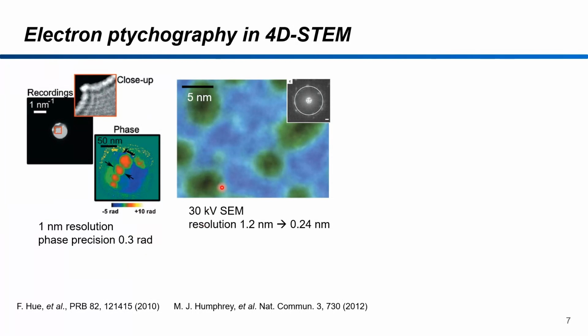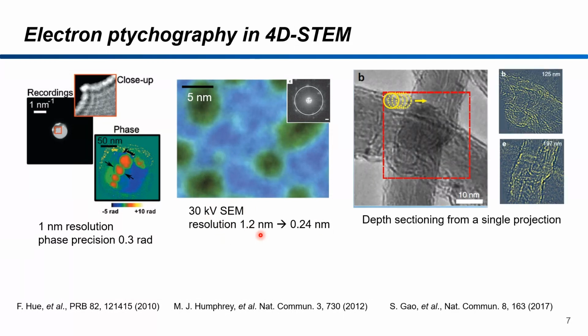Later, people also tried to use this ptychography to do atomic resolution, even under a scanning electron microscope. Also, it's possible to do this depth sectioning using a single projection to get the depth position of 2 carbon nanotubes.